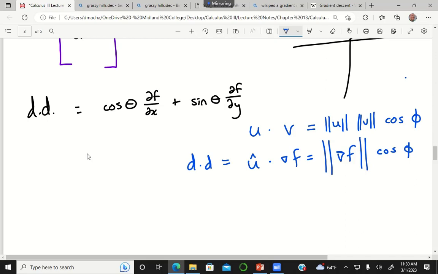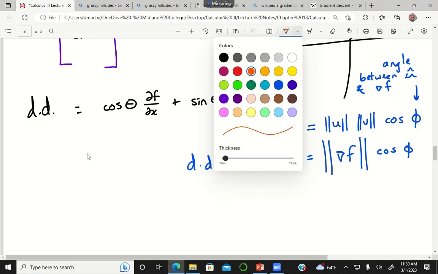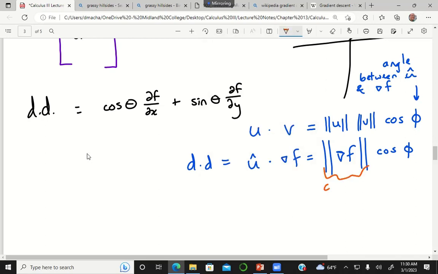Okay, so this phi right here, this is the angle between the direction and the gradient. So after we define what the function is, this gradient is relatively constant. So if I want to maximize the directional derivative, the only thing I have to mess with is the angle between the direction u and the gradient.